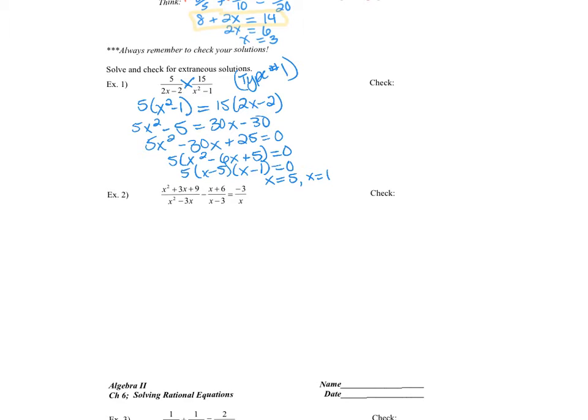Now, to check for extraneous solutions, you're going to go back and see if either of these values of x will make the denominator equal 0. If they do, it's not a possible solution. I can plug in 5 and nothing in the denominator will be 0. However, if I plug in a 1, I will get a 0 in the denominator. So I'm going to have to say that x equals 1 does not work, and my only possible solution is x equals 5.